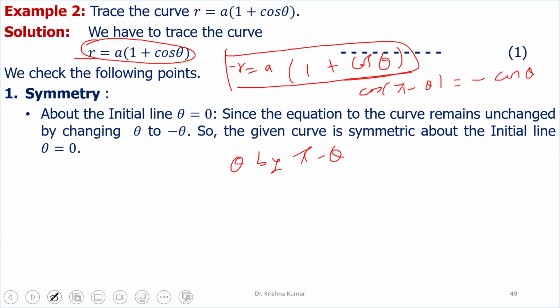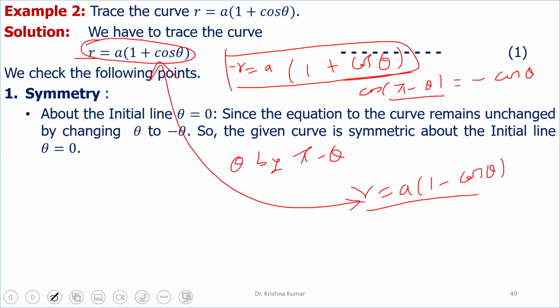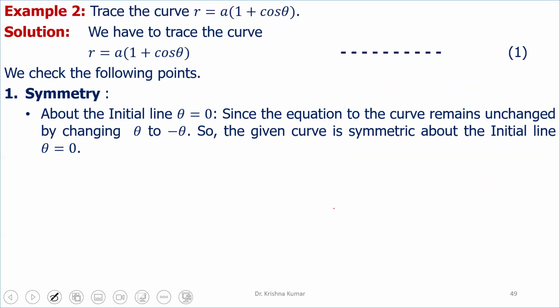So if we replace only theta by pi minus theta, it becomes r equal to a times (1 minus cos theta), which is different from the given equation. Hence, the given curve has no symmetry about the line theta equal to pi by 2. So it has only one symmetry, which is about the initial line theta equal to 0.